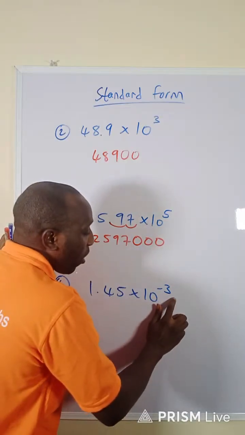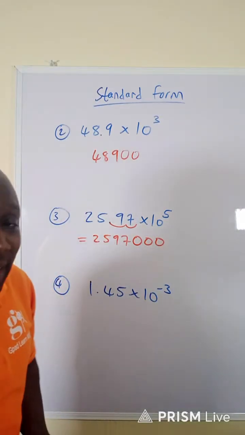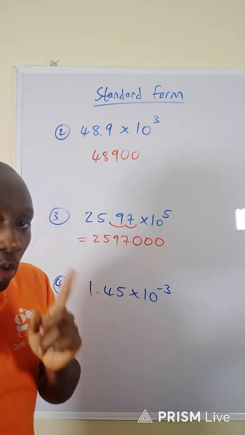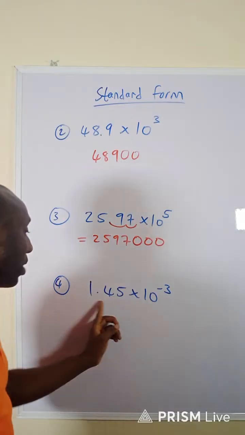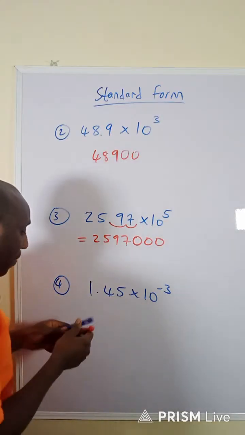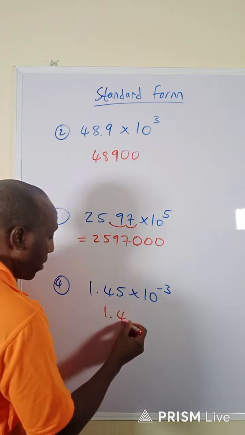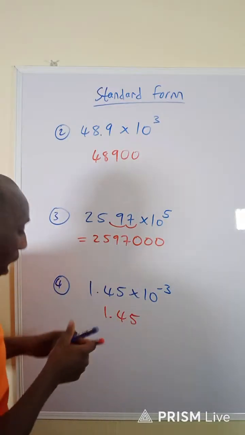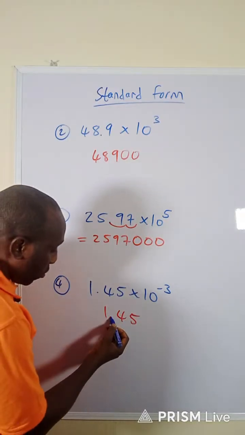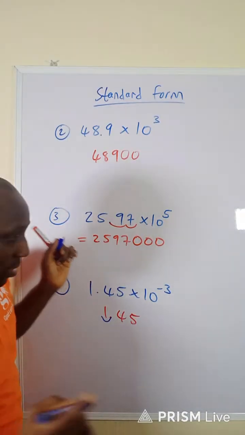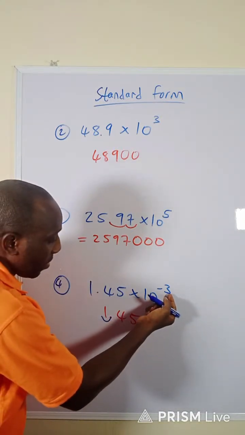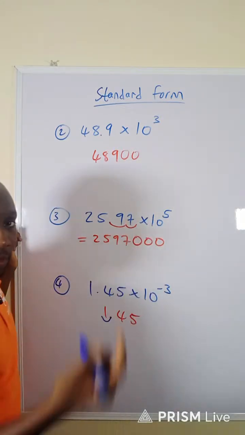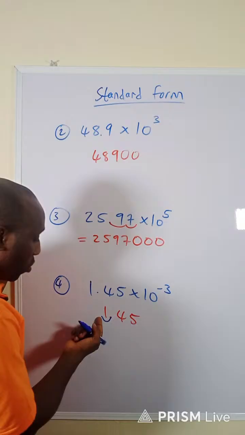Now let's look at number 4. 1.45 times 10 raised to the power of negative 3. Now we are going to the left, not to the right. So if I push it, let me just rewrite it again: 1.45. I will push this to this point 1 time, right? So I am taking 1 from 3 because it has gone to the left.